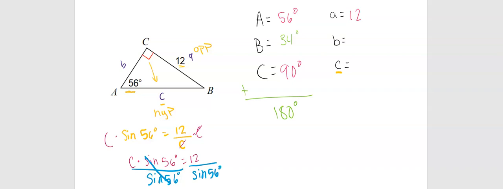This now gets C all by itself, and it gives me something to type into my calculator, which I'm going to do right away. If you're using the calculator on the Chromebook, you have to do a lot of work, like backwards type of thing. So it's a lot easier if you have an actual calculator, because then you can just type it in as is. And when you do that, let's round to 3 decimal places here.